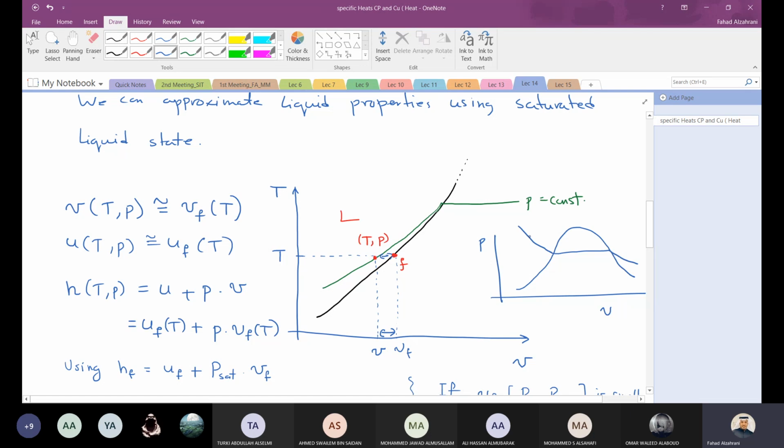You can see here that at different pressures, the difference between these can be large, as compared to the T-v diagram. That's why here we cannot approximate the liquids by the pressure. We should approximate it by the saturated liquid properties at the given temperature.